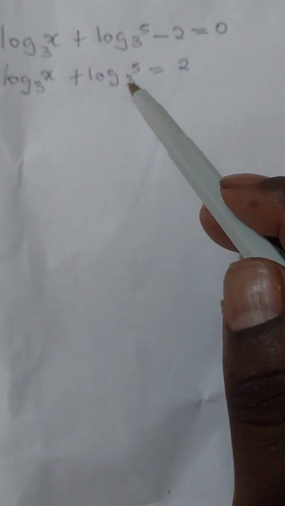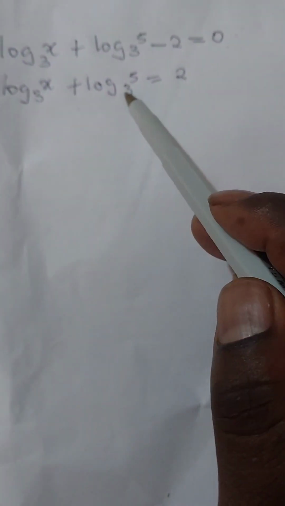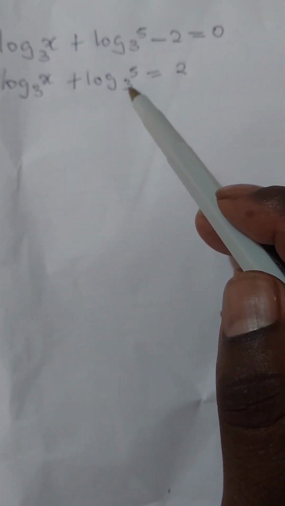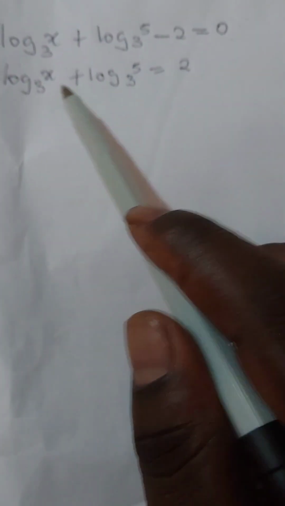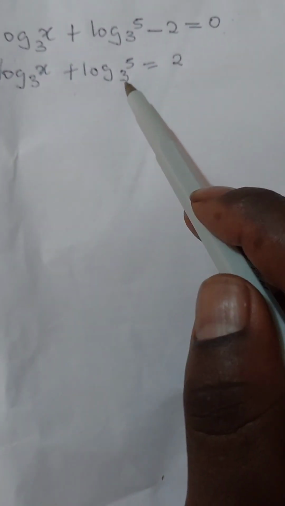And then the next thing is to simplify this by expressing this as a single logarithm. We have a law on addition of logarithms where bases are the same.